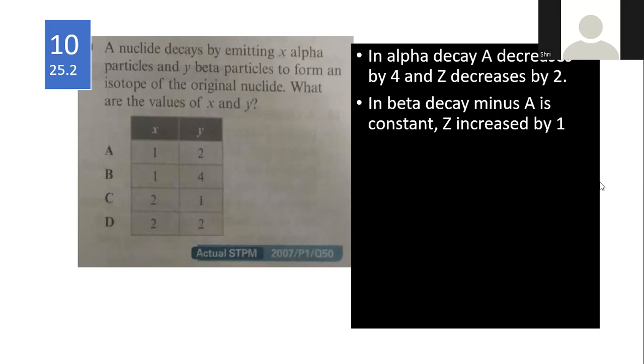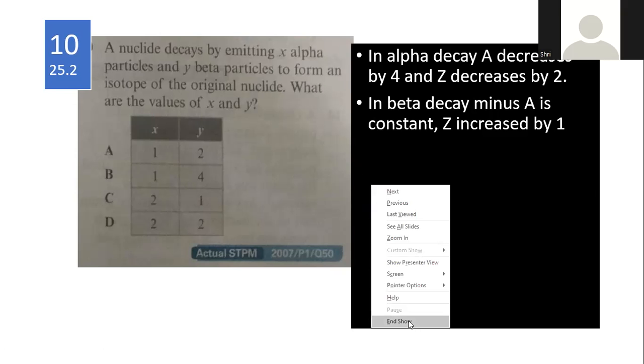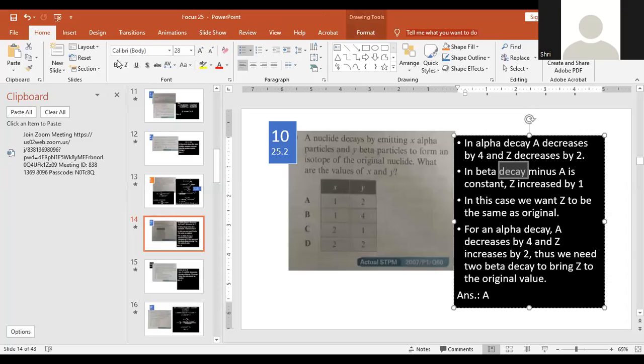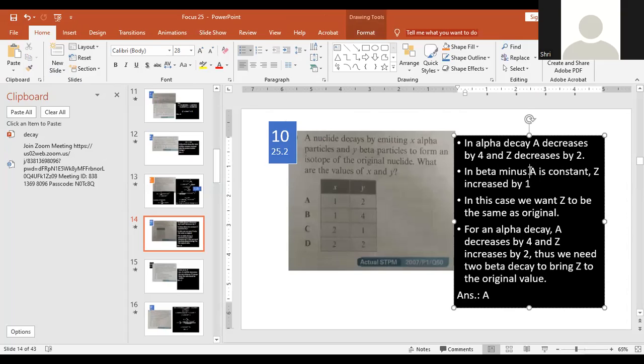Okay, so in beta minus decay, A is constant, A doesn't change.